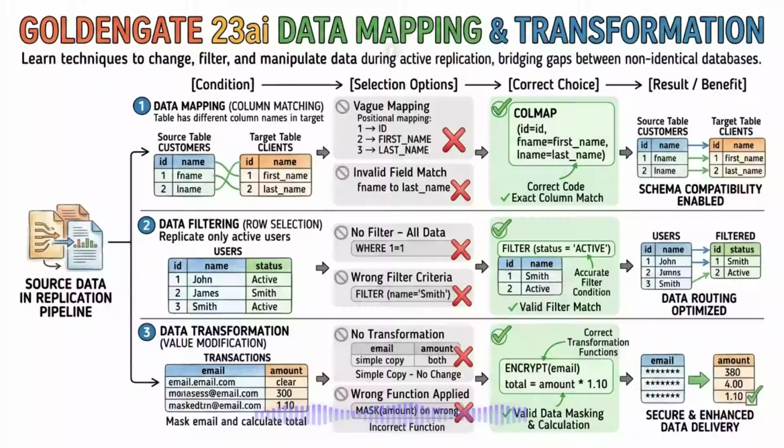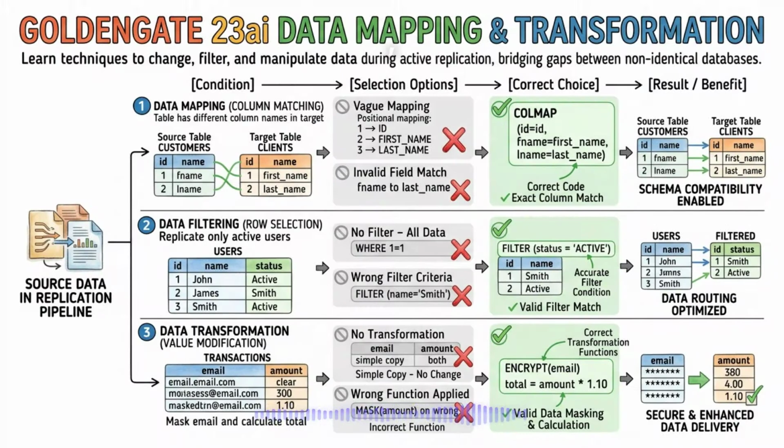Until now, we have assumed that you want to replicate every single row of data exactly as it appears in the source database. However, in enterprise environments, you often need to restrict which records are sent across the network to save bandwidth and storage space.